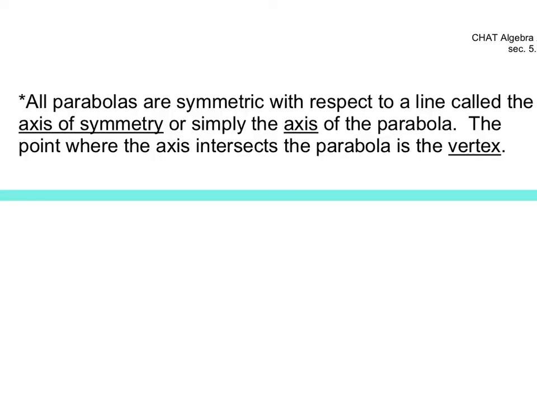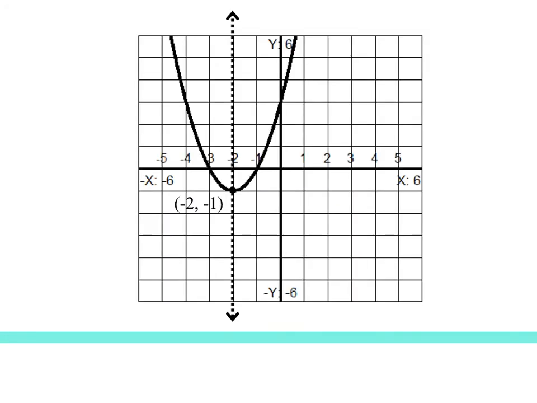So let's talk about a couple characteristics of parabolas. First of all, parabolas are symmetric with respect to a line called the axis of symmetry, or simply the axis. And the point where the axis intersects the parabola is the vertex. Let's take a look at a graph. You can see here we have the parabola, and as I've mentioned before, it goes on forever, so I'll put the arrows here. Now this vertical line is the axis of symmetry. It acts like a mirror.